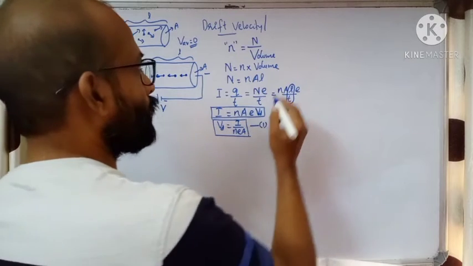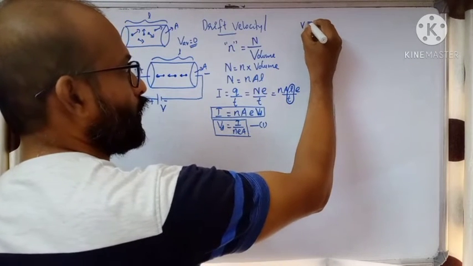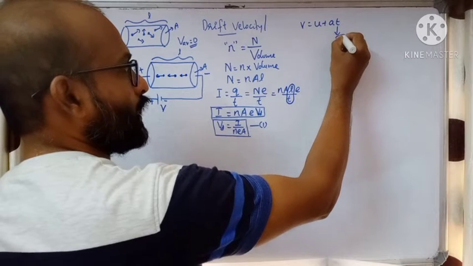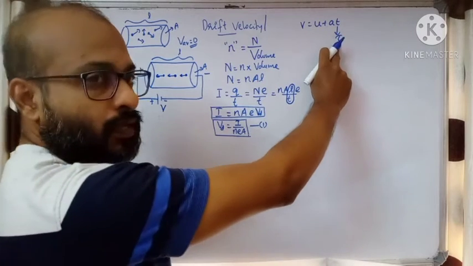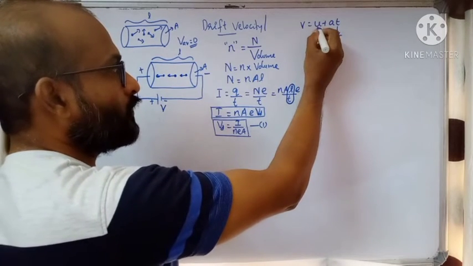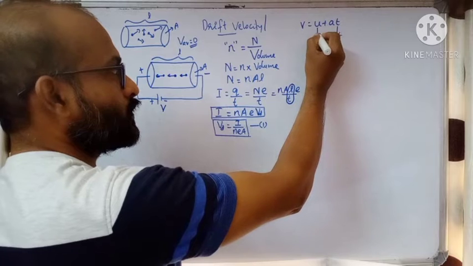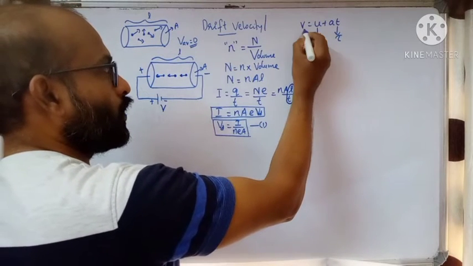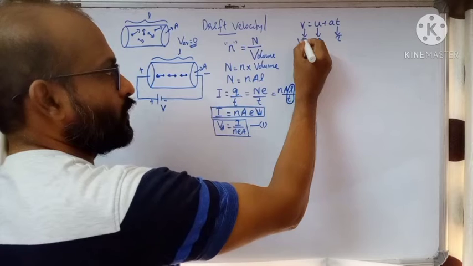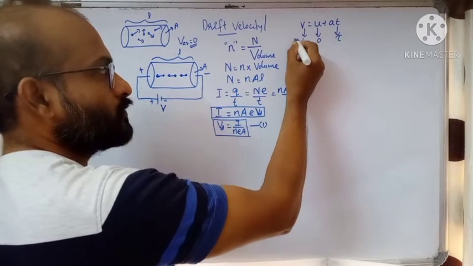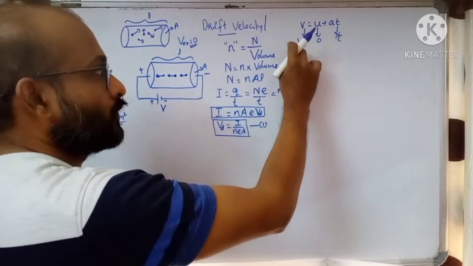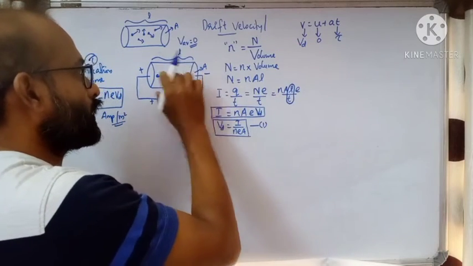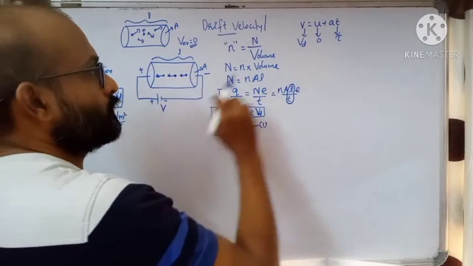So if we apply the equation of motion, V is equal to U plus at, in a time equal to the relaxation time, initially the average velocity was 0. Then in a time tau, the velocity becomes the drift velocity. It will obtain the average velocity called drift velocity, after we connect a potential difference across the terminals.